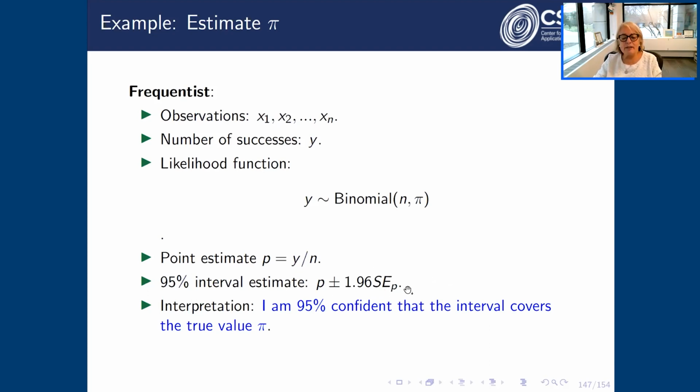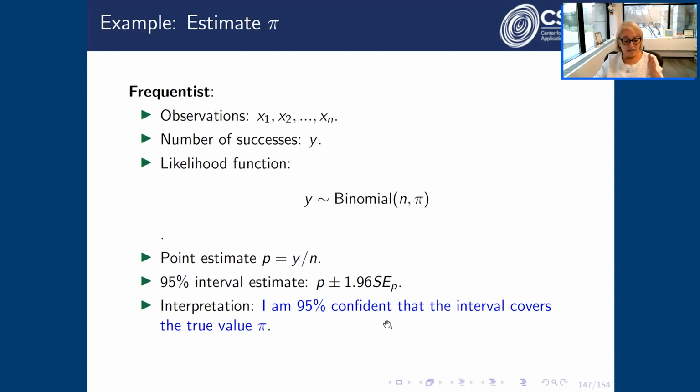How do I interpret this confidence interval? If I remember what we said, the confidence interval is just one of many I could have gotten if I had drawn many samples of size n from this population. Therefore, this confidence interval is a random quantity. The way I explain this to people is the following: I am 95% confident that this particular interval contains, or covers, the true value of pi.